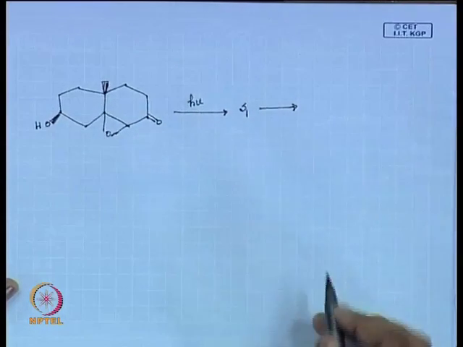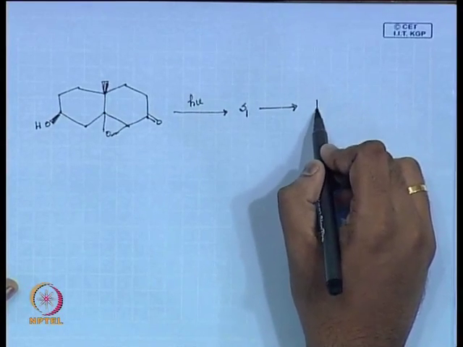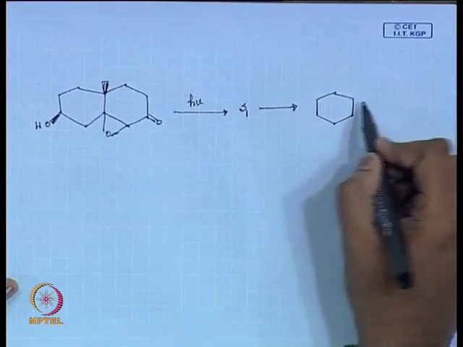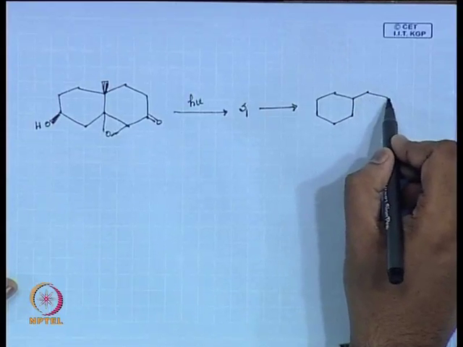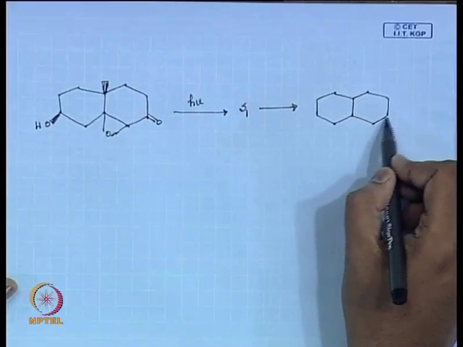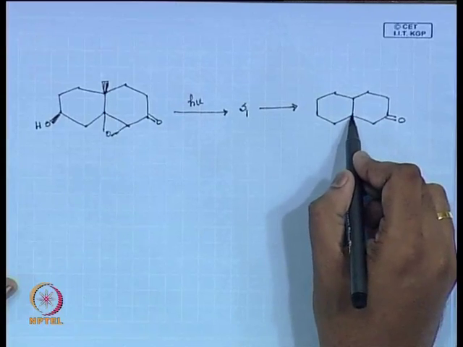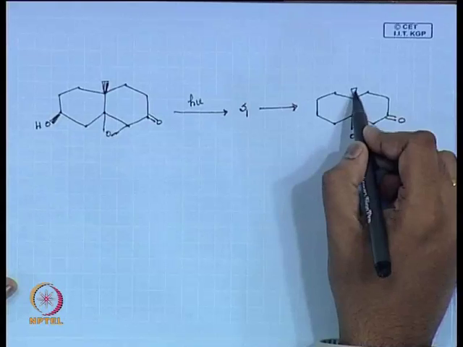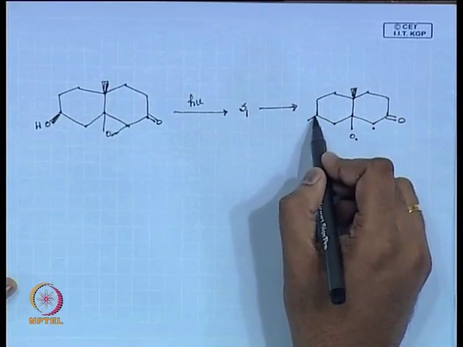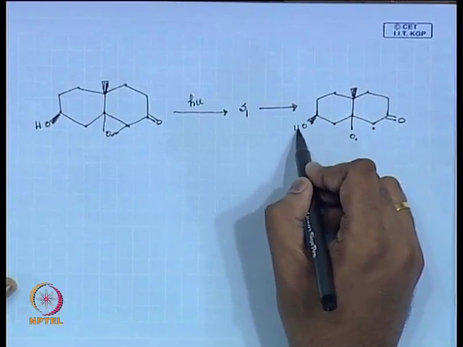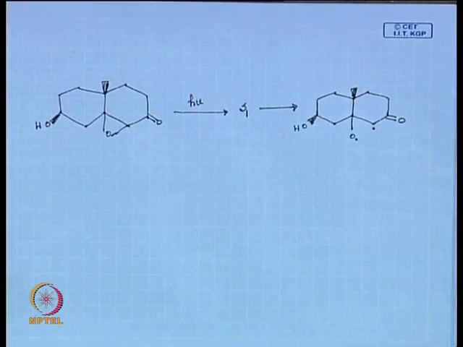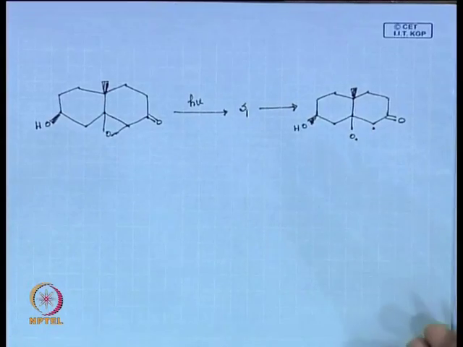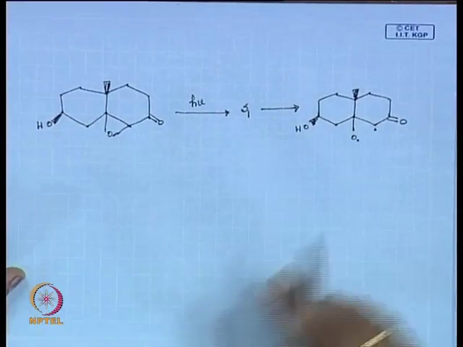From my S1 I can get a system where again I am getting a 1,2,3 diradical, right, a 1,2,3 diradical system.